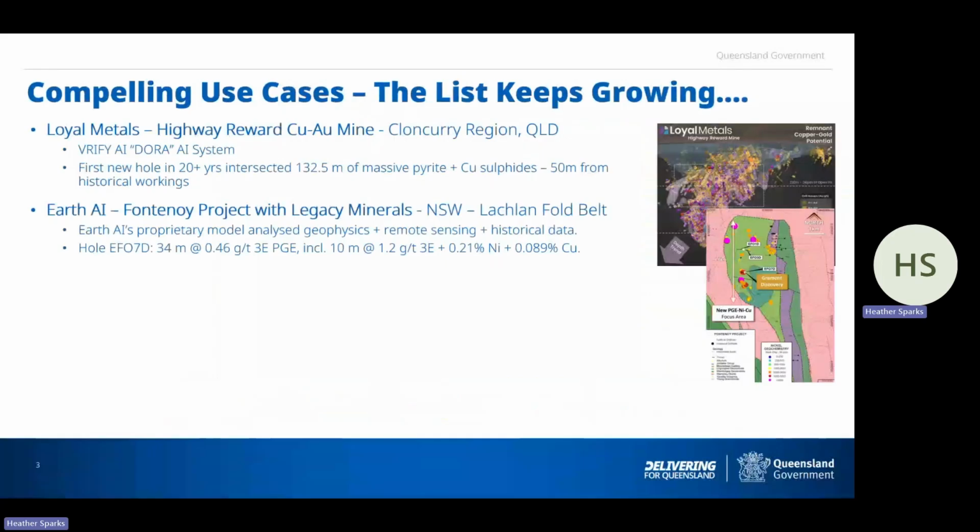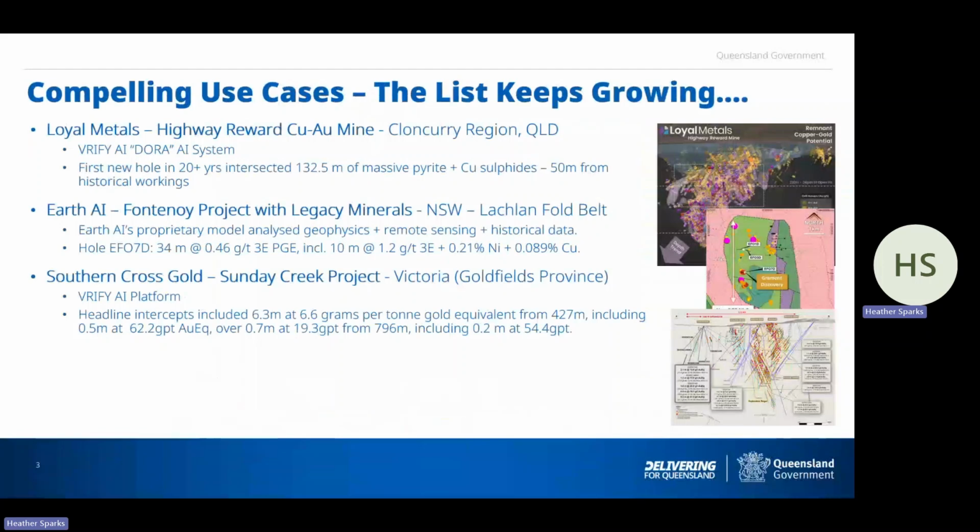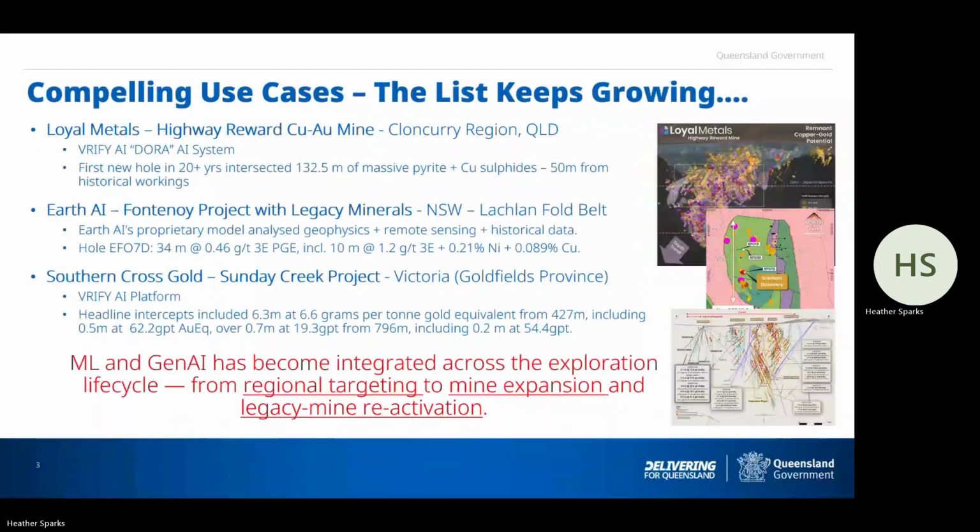Earth AI and Legacy Minerals, through their proprietary AI model, found the first ever magmatic PGE nickel copper mineralisation within the Lockwood Fold. And Southern Cross Gold at Sunday Creek used machine learning and generative AI to identify more mineralisation down dip of their existing workings, as well as identify more prospective areas east of the current mine.